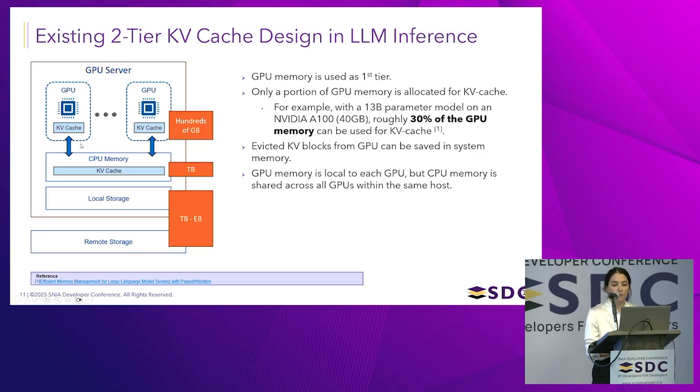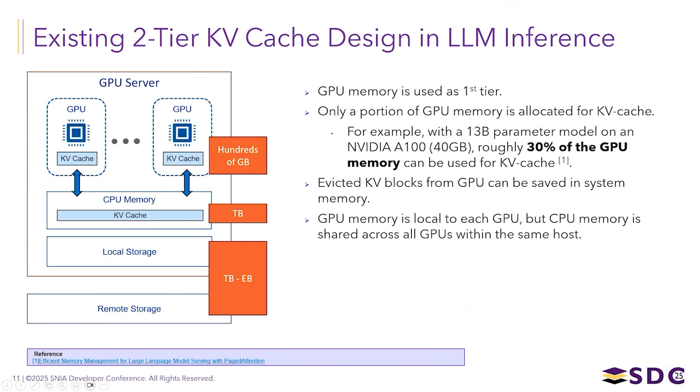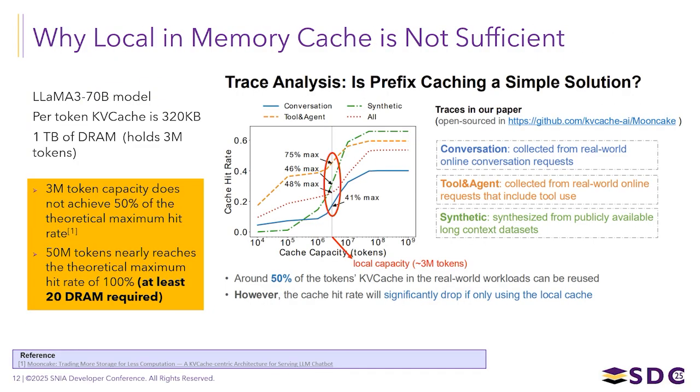However, GPU memory and CPU memory still have limitations, and this limitation is obviously the capacity. You have limited capacity, and existing systems today use external connectors to extend that capacity. So do we really need extended storage capacity? Do we really need remote storage or local drives?